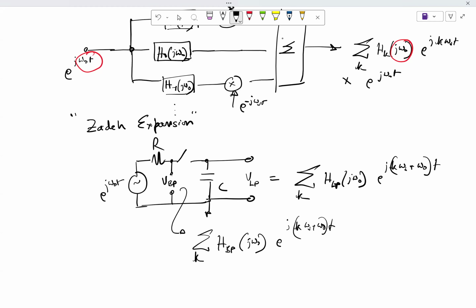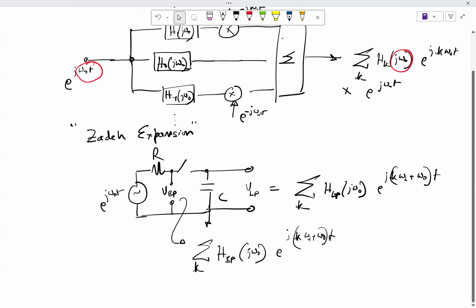So the way we were going about doing it was, we essentially said that we are observing VLP at the falling edge of the clock, and then under the assumption that the RC time constant is much greater than TS and so on, we could figure out that this is equivalent to saying that the voltage across the capacitor is essentially the average of the on time of the signal, right?